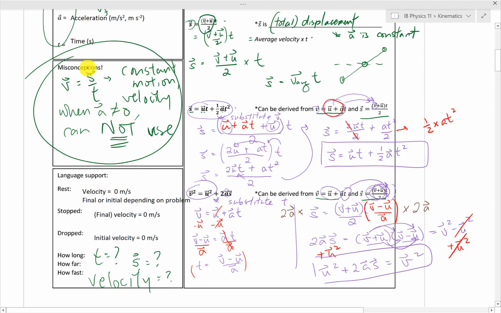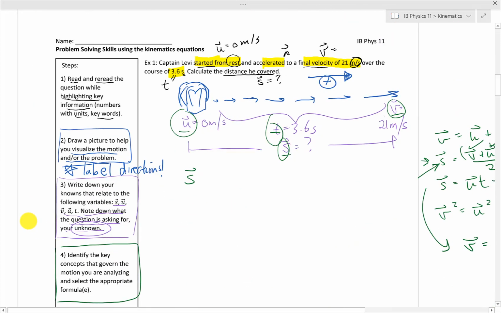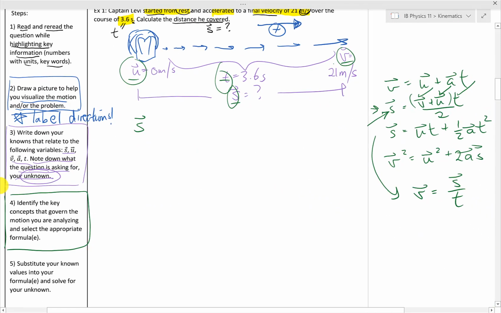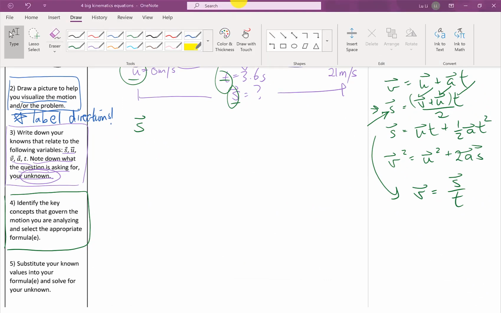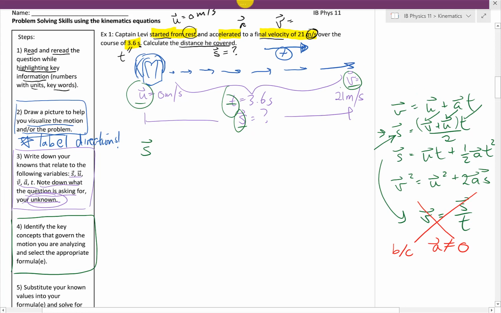When there is acceleration, you cannot use that at all. So this is another reason why I decided to make this problem for you to try, is because some people will be tempted to use this equation when it does not apply, because there is acceleration. Acceleration is not 0. Okay, so please don't get into that trap.